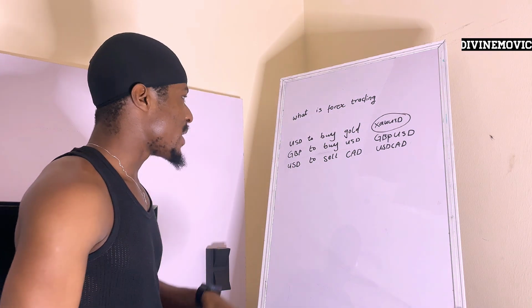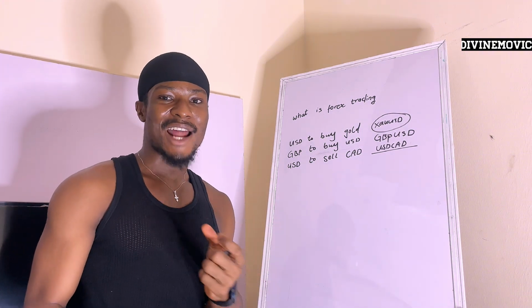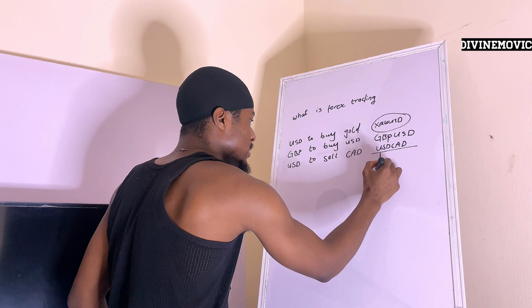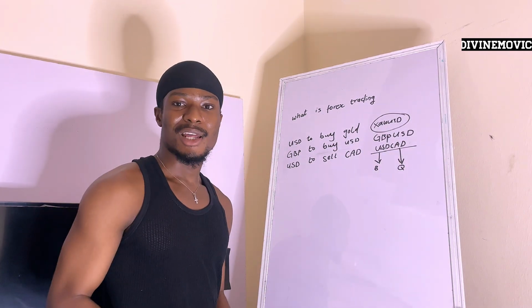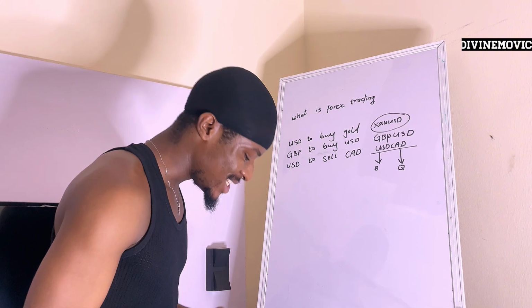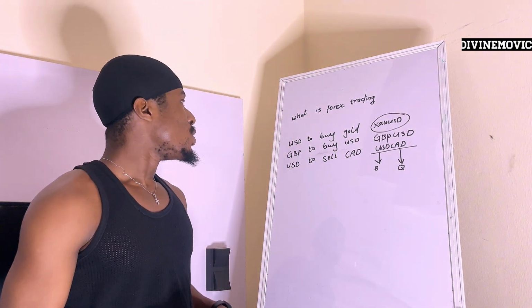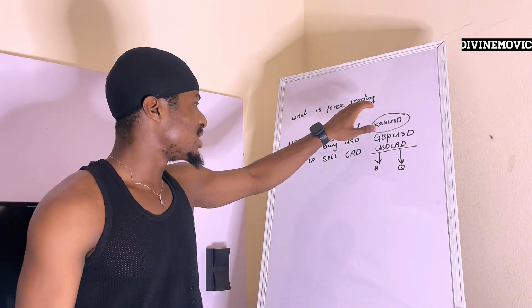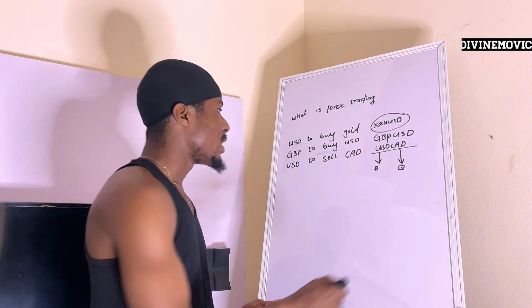Now, these currency pairs are simply in base and in quotes. The first one that appears here is simply the base, right? And this one is simply the quotes. And if I'm to sum everything up for you to understand very well, once you hear forex trading, it simply means the buying and selling of a currency pair.